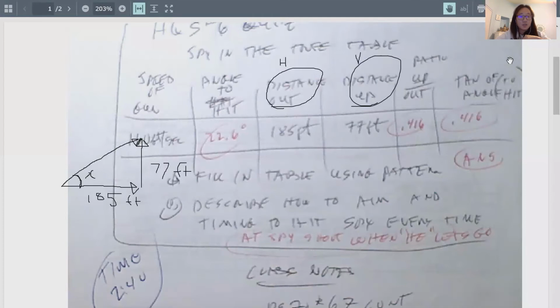And so since we're looking for x, do you know how to find tangent in a right triangle? I'm going to teach you a thing called Sohcahtoa because you're going to love this little trick, especially when you start trig. As you can see, this triangle here, what type of triangle is it? It's the right triangle. Right triangles are special because they have a bunch of math properties that come along with them.